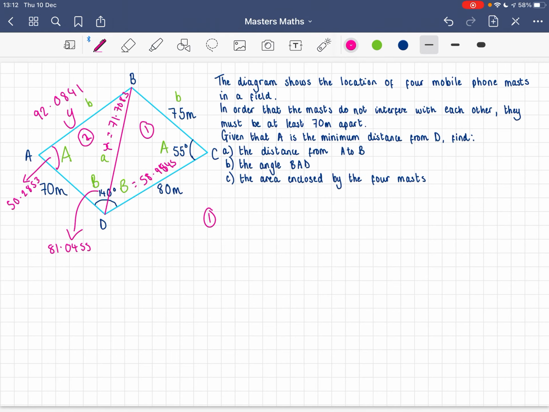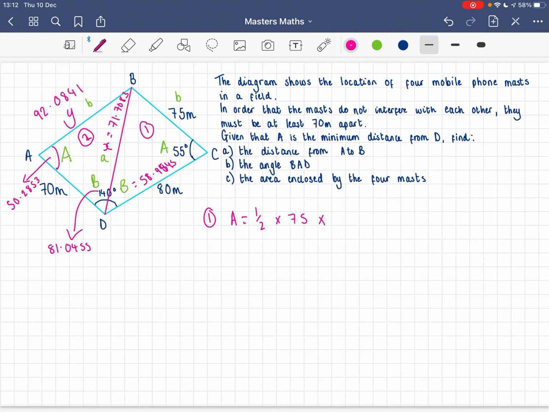So I'm going to call this triangle 1 and this triangle 2. To do 1, area is equal to a half times, remember I have to use two sides and the angle between them. I'm going to use this part just because the numbers are easier.